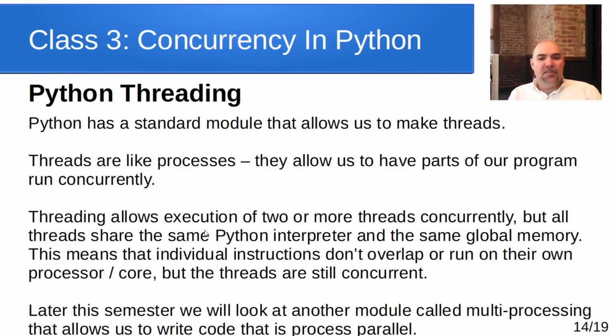Threads are like processes in that they allow us to have parts of our program that run concurrently, meaning that they are allowed to overlap their execution. And threading allows execution of 2 or more threads concurrently. So in other words, it's not just 2, you could have 3 or 5 or 100 or however many you want. But one thing to note in Python, and this is what distinguishes threads from completely separate operating system level processes, a thread shares the interpreter with the other threads that are spawned in that application.